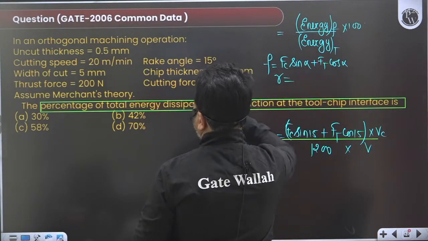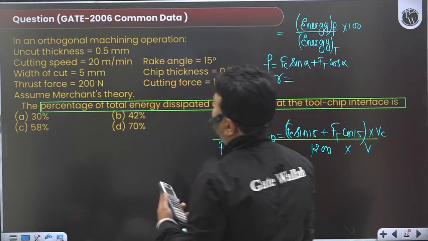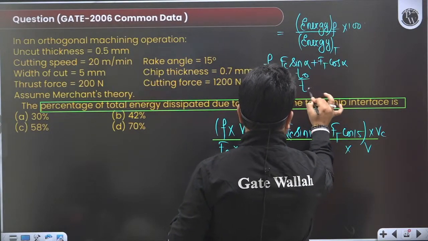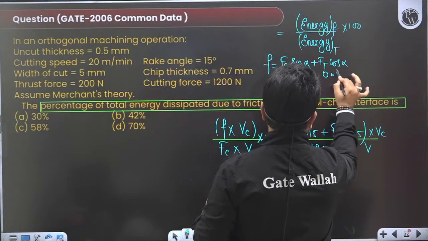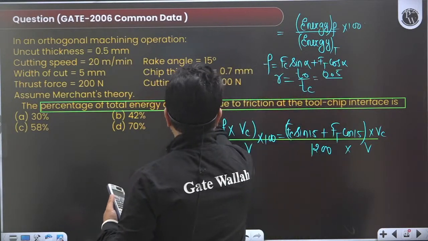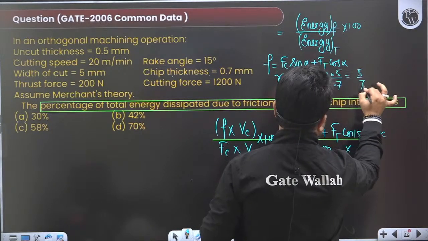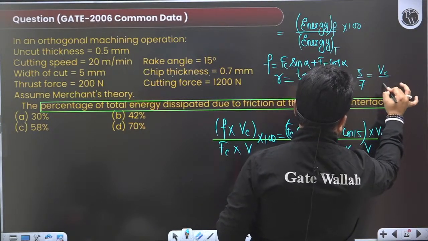Now chip thickness ratio, uncut thickness, that is t0 by tc. Uncut thickness is 0.5 and chip thickness is 0.7, so it is 5 by 7, and it is also equal to Vc by V.